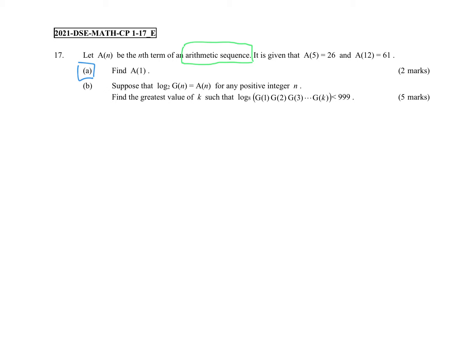Since a1 has been denoted as the first term, we do not really need to let the first term; we only need to let d be the common difference of the sequence.